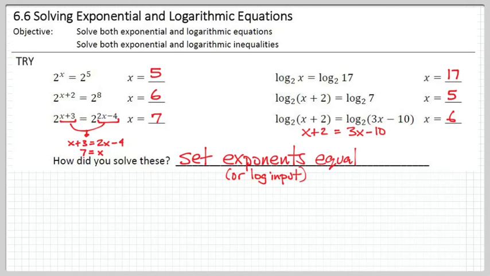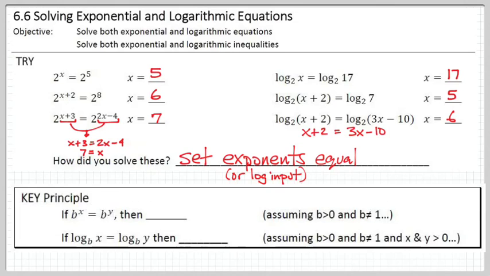All you did was either, because the bases were the same here, you set the exponents to be the same, and even in this case here you just created a little equation for yourself to solve for x. So either you set the exponents the same or you set the input into the logarithms the same when you had log base 2 and log base 2 on each side of the equation.